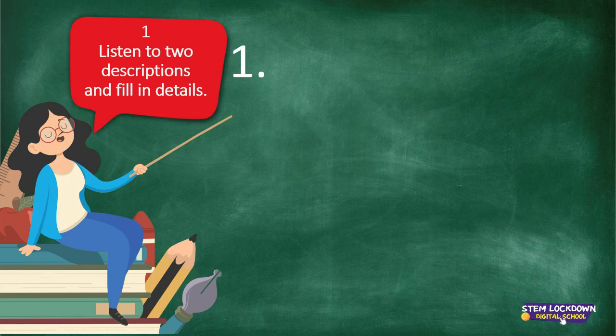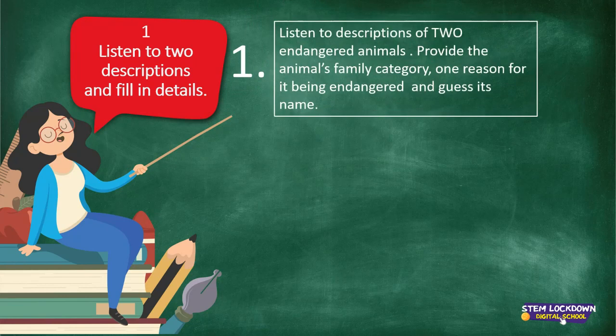So we'll start off with the descriptions. Okay, so this is what I want you to do. I want you to listen to 2 descriptions of endangered animals, and then I want you to provide 3 things about those animals. Their family category, like are they amphibians or mammals or reptiles or whatever.